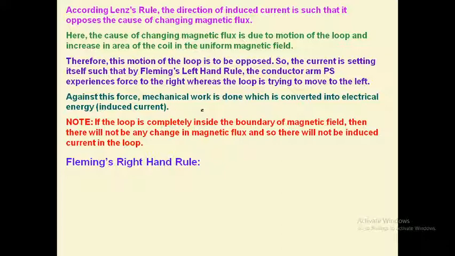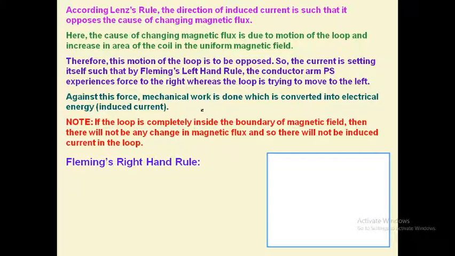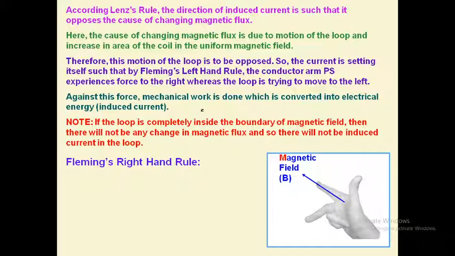Other than Lenz's rule, we can also use Fleming's right hand rule for finding the direction of induced current. This right hand rule is very simple. Just stretch your thumb, index finger and middle finger mutually perpendicular like this. Here your index finger points towards the magnetic field and your thumb points towards force.